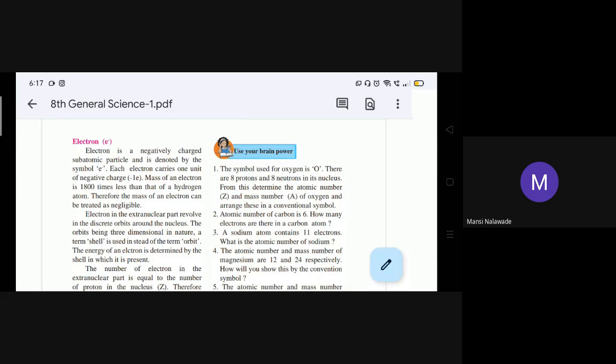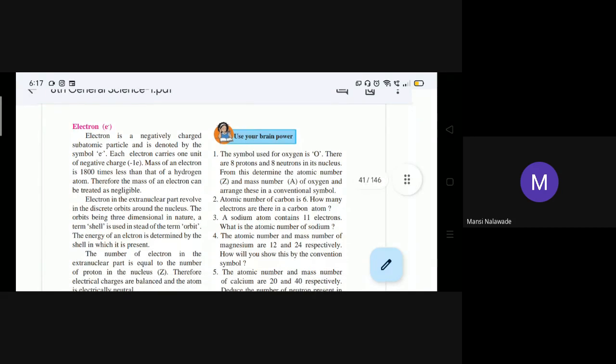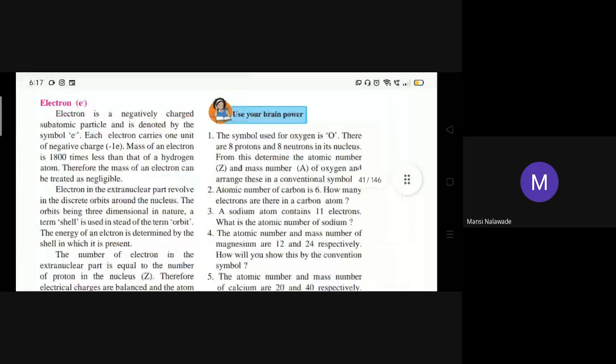How will you find the mass number? Mass number will be 16, as we will add protons and neutrons. 8 protons and 8 neutrons are there. So mass number A will be 16 and Z will be our 8.